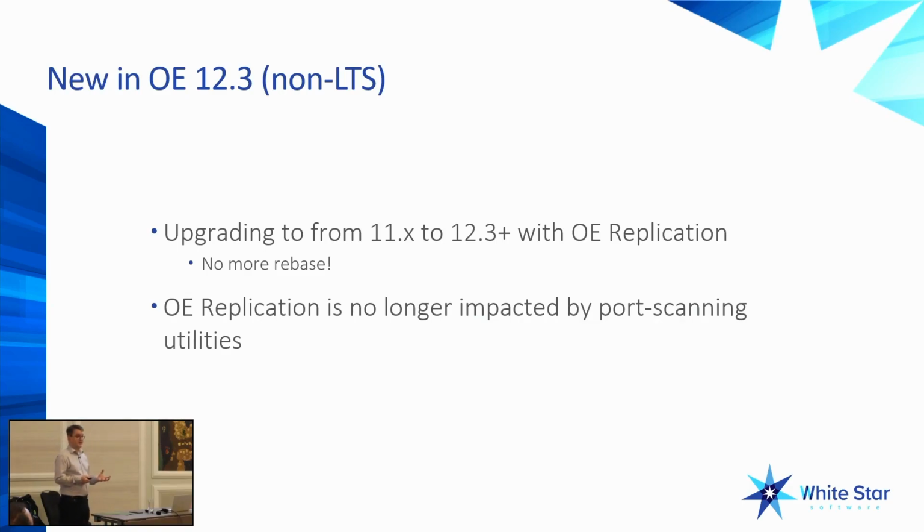Progress now provides a way that you can back up the changes to the schema area on your source, copy that over to the target, and apply that to your target, and you can resynchronize without a rebase. So that's huge. And also replication was hardened so that your REPL agent won't be impacted by port scanners if your IT people like to do that sort of thing to you.